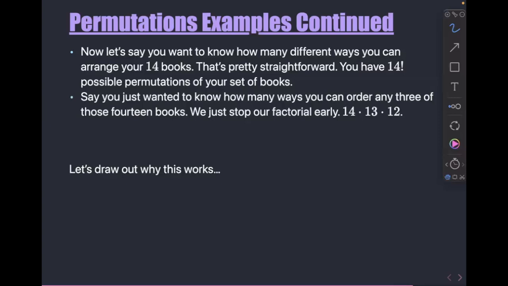But say I just wanted to pick 3 of those books out of my 14, not worried about type. And I want to see how many ways I can order those 3 books. So I have to stop my factorial early, because for my first choice, I'm choosing from 14 possible books.